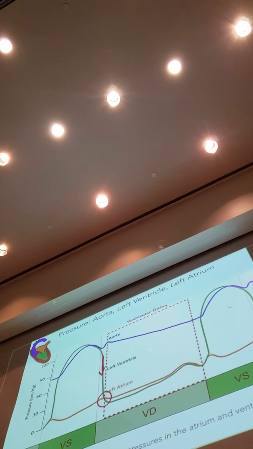This really defines the period of ventricular filling. What do you describe in words has happened with the ventricular and atrial pressures? Yeah, the ventricular pressure has dropped below the atrial pressure.